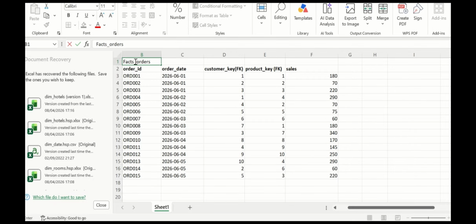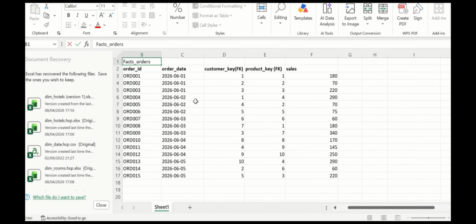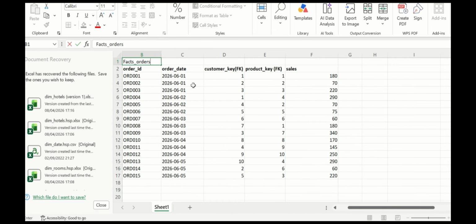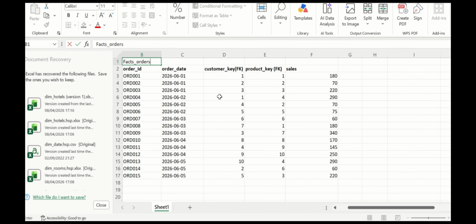So as you can see, we have split the original table into a facts table and dimensional tables. So we can build the relationship among the facts table and dimensional tables.